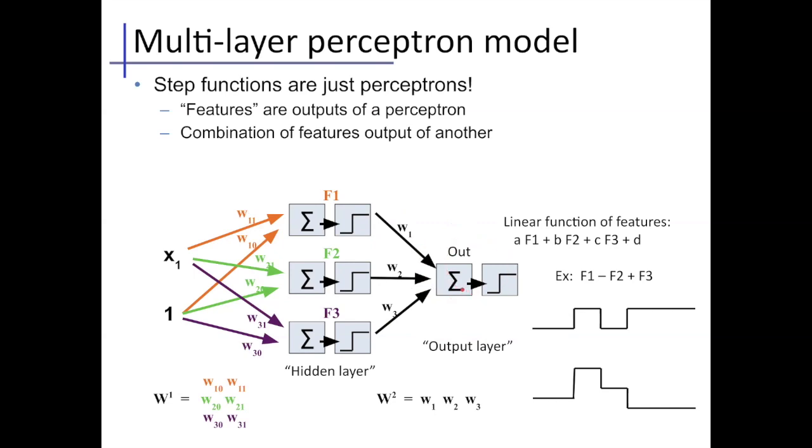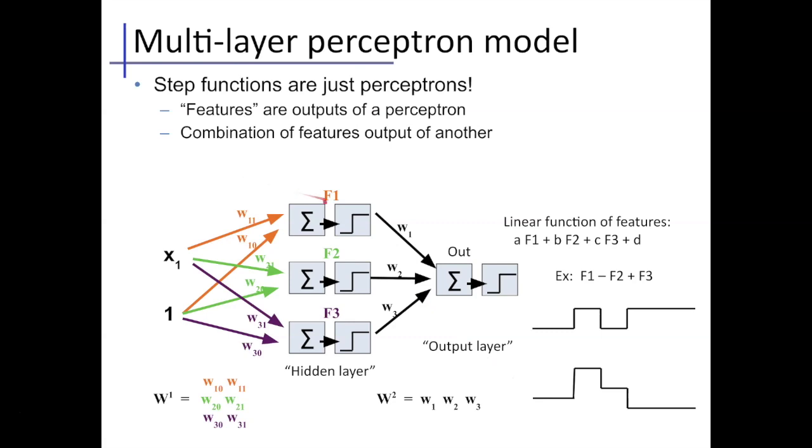This perceptron uses a linear combination of these feature vectors, the output of the perceptrons in the hidden layer, weighted with another set of parameters, W1, W2, W3, and so on. By doing that, you can produce an output that looks something like this in the output layer. That is the main idea behind multi-layer perceptron models.